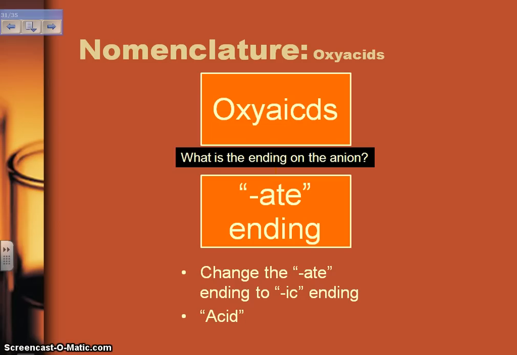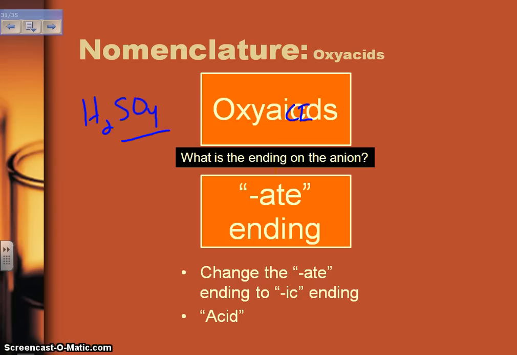Now, the oxyacids, and please excuse my spelling error, will have a polyatomic ion. And all the polyatomic ions that have oxygen in them end in ate: carbonate, phosphate, sulfate, chlorate. So instead of using the prefix hydro, we're not going to do that. If I have H2SO4, this is the polyatomic ion sulfate.